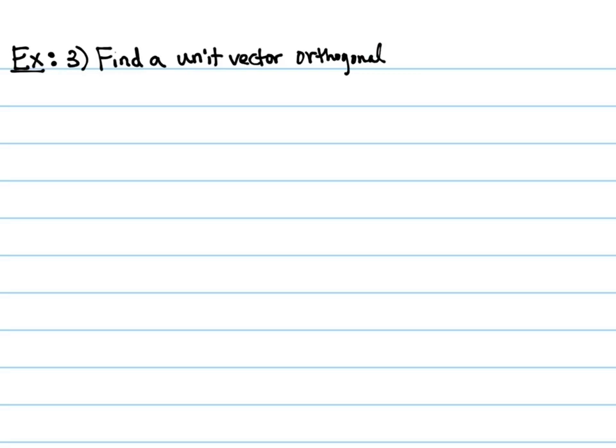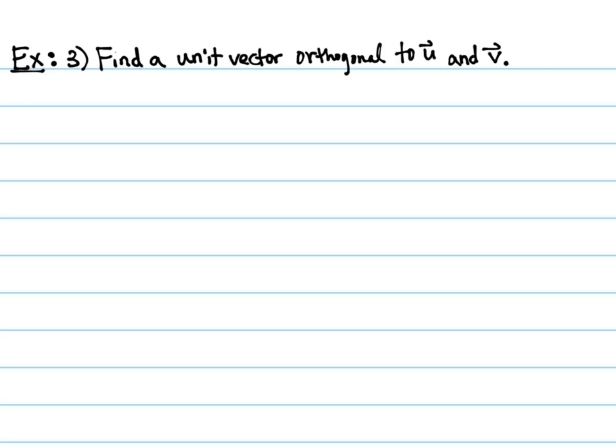All right, for example number 3, we're going to look back at a unit vector. So we're going to find a unit vector orthogonal to u and v. So what is this asking us to do?